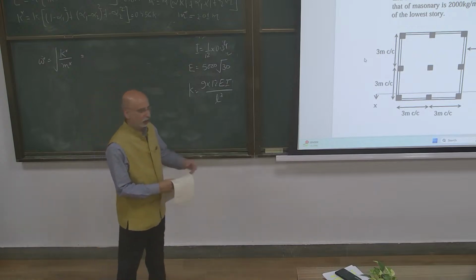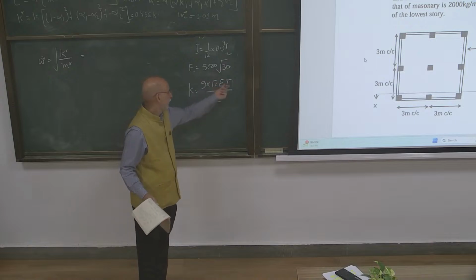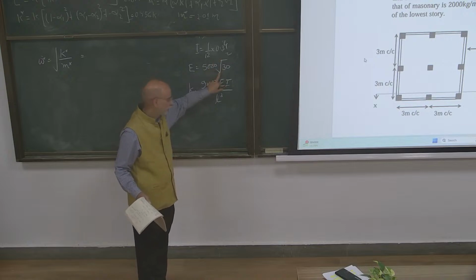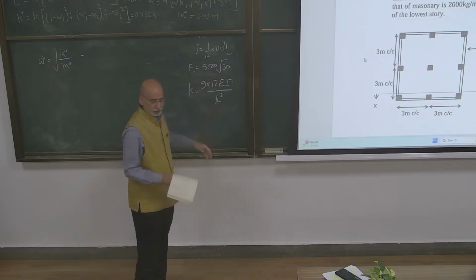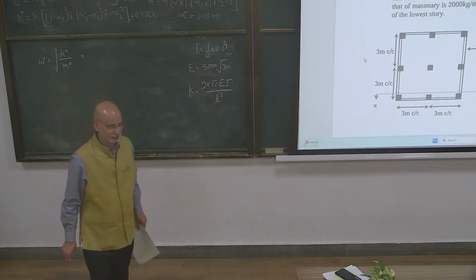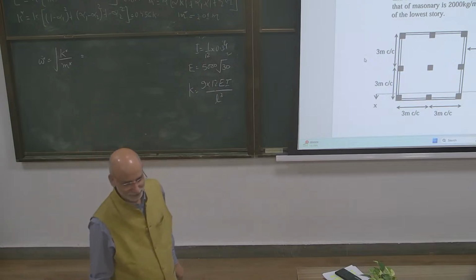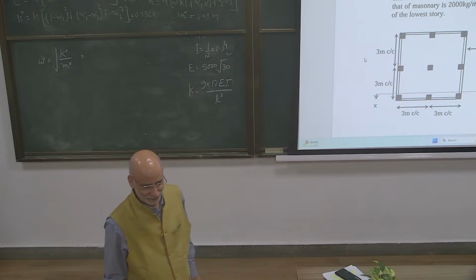Each floor there are 9 columns, 12 is there. E is known to you, I is known to you. Only you have to be consistent with the dimensions. Here I took meters, this is mm square. So you have to be very clear. 73942.5, this is coming, no? In newtons per meter. Point two per K.